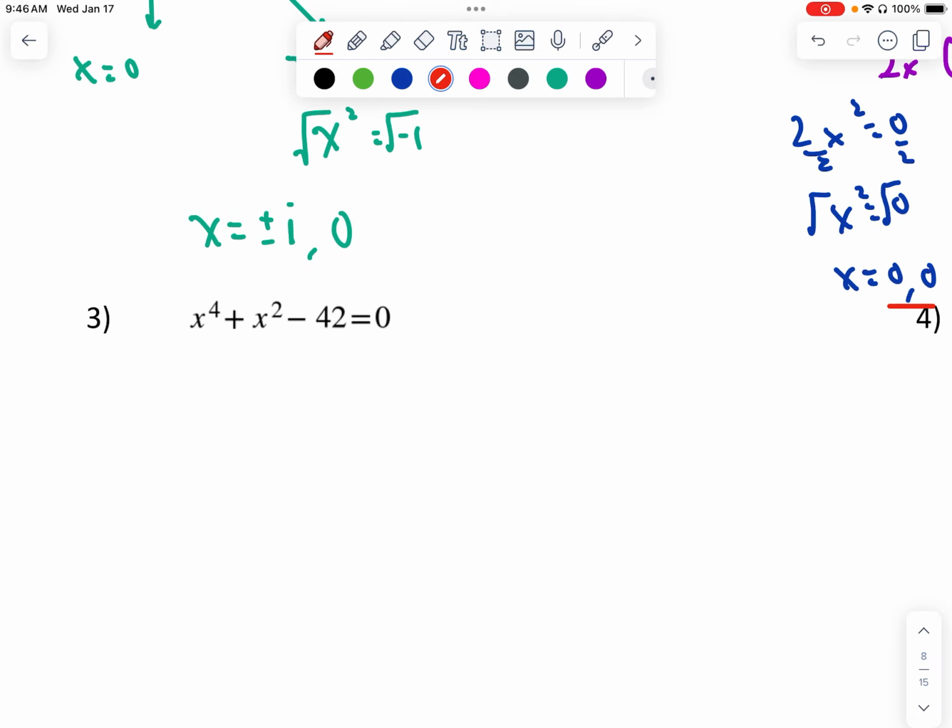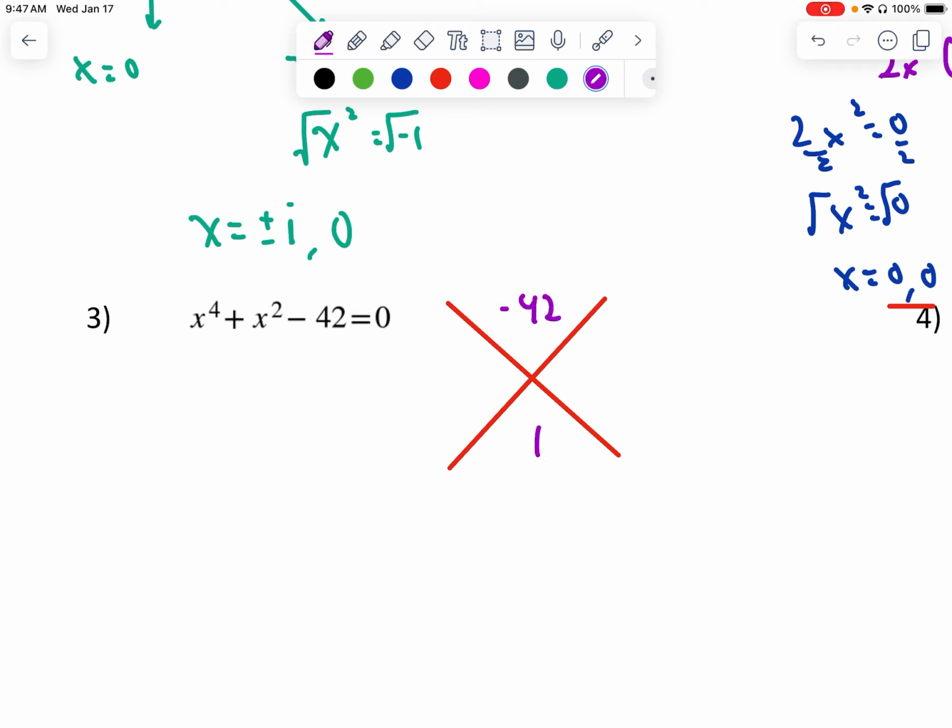Moving down to number 3, this is kind of an interesting one because we have x to the power of 4 plus x squared minus 42. But remember, whenever you're in this kind of unique form where you have x to the power of 4 and an x squared, you can treat this as a normal trinomial, meaning that we can use our x diagram that has been so handy to us so far. My a times c will be negative 42, so that's going up top.